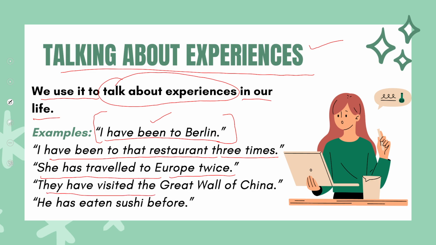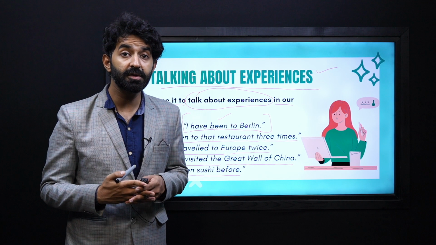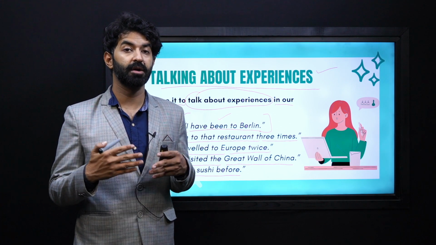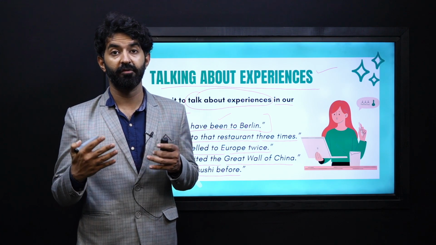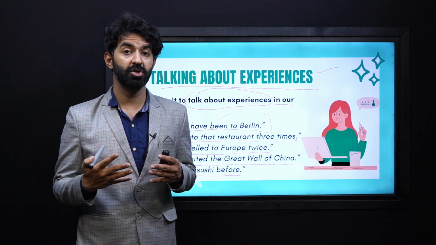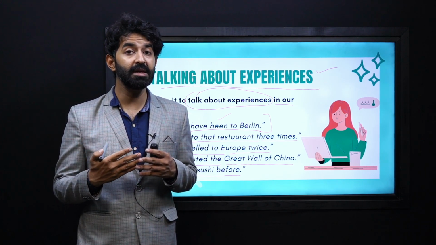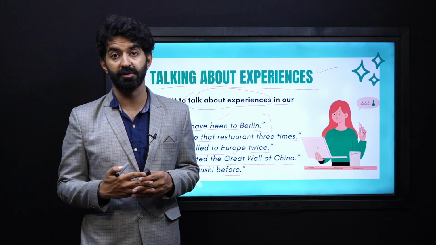They have visited the Great Wall of China, or he has eaten sushi before. So all these are examples of present perfect tense, and all these are your experiences that happened in the past, but you still talk about them because they're relevant and you have memories. It's fresh in your mind. You can retain these experiences anytime in the present moment.